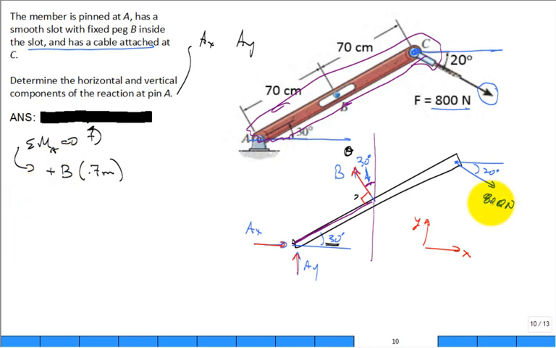And then how about this 800 newtons out here? Yeah. And here, depending on how you want to do it, if you wanted to, you could do this. If I go straight out right here, what is that angle? 30. All right. 30 and 20 is 50.